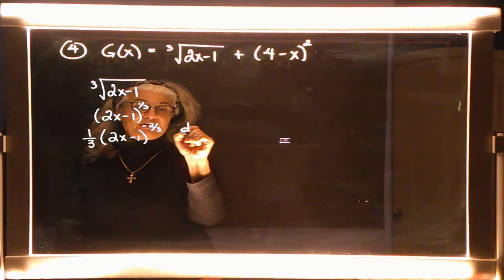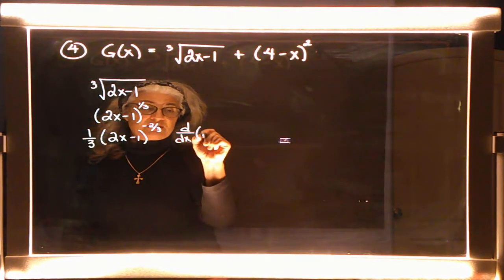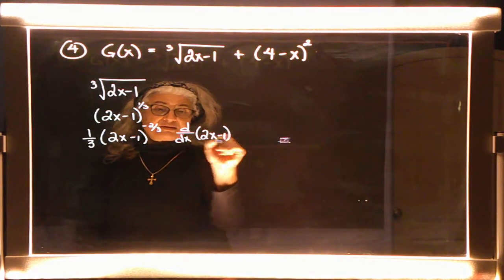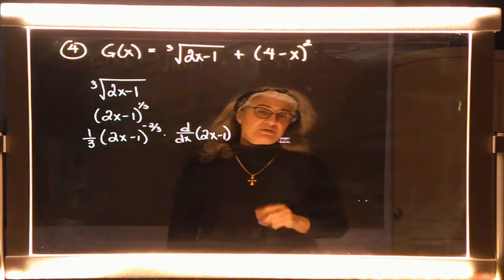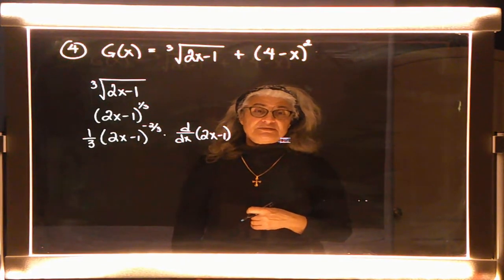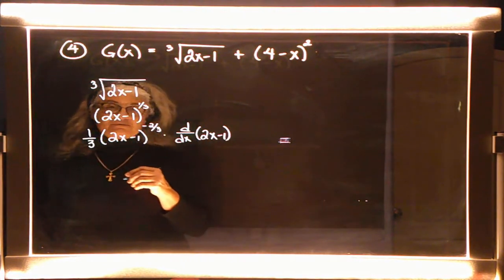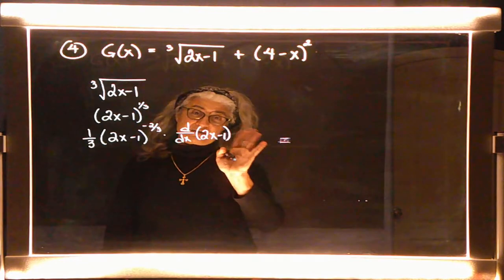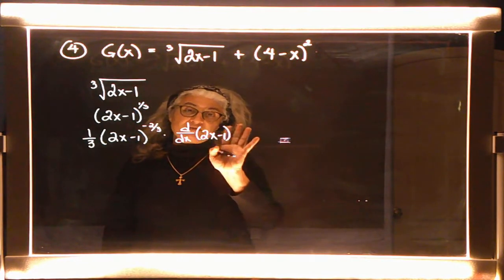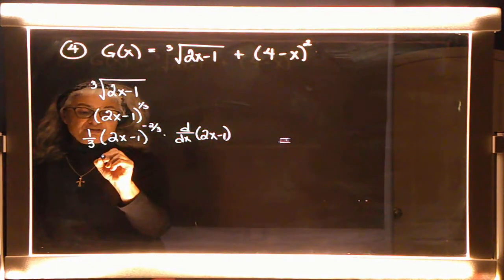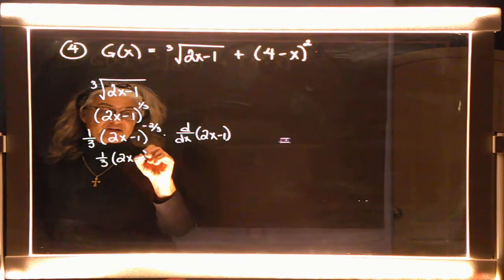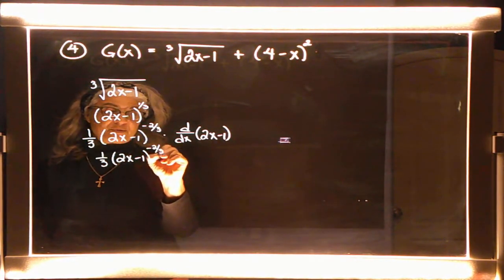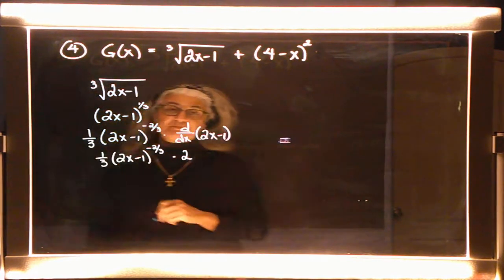But remember, now you have to take the derivative of the base. And this becomes a multiplication problem. So what would be the derivative of 2x minus 1? Yeah, just 2, right? Because the 1 is a constant, so it goes away, and the derivative of x is just 1. So this becomes 1/3, in parentheses 2x minus 1 to the negative 2/3 power, times 2.